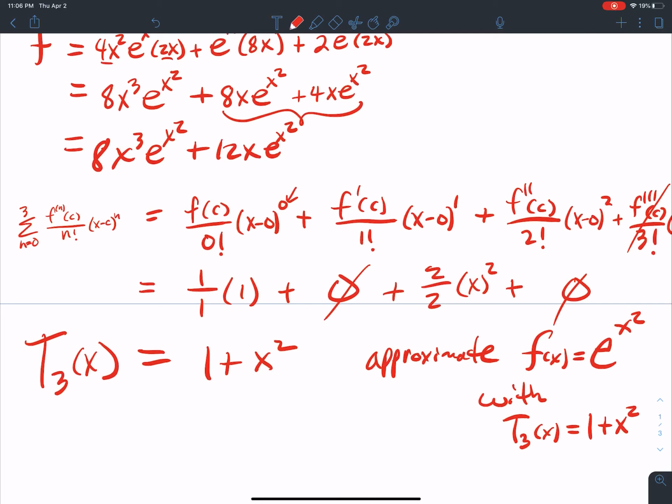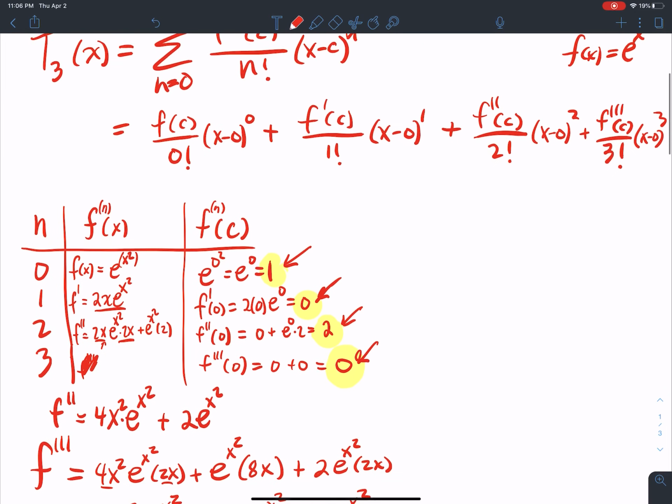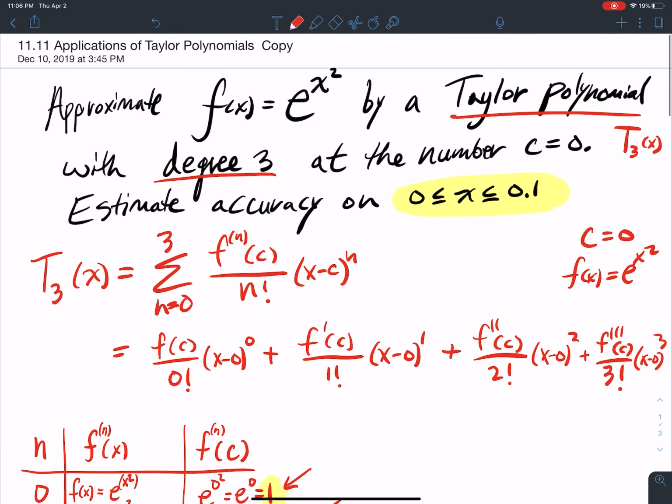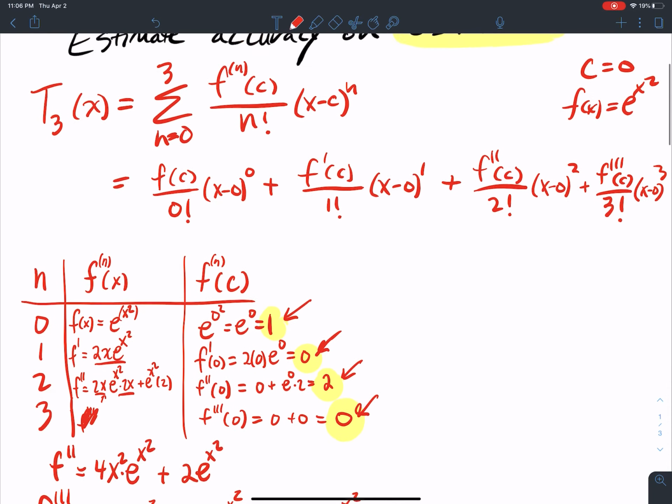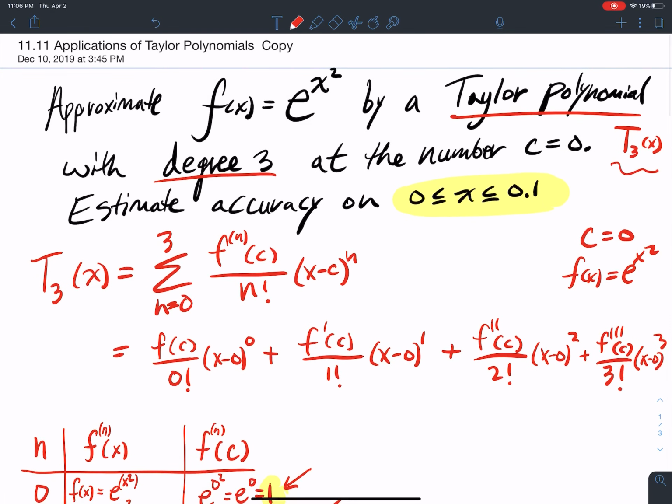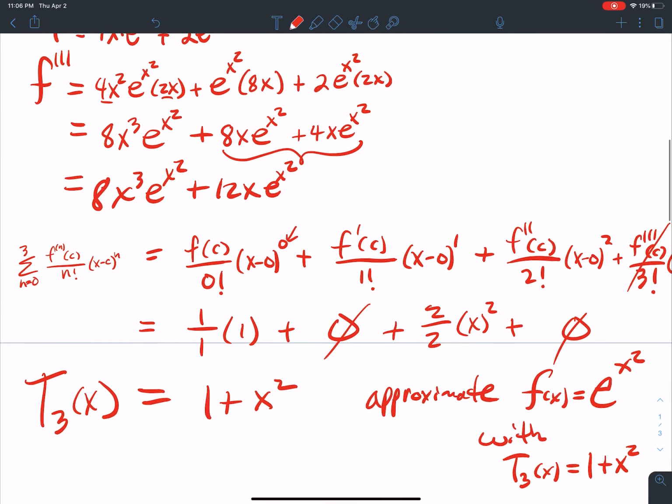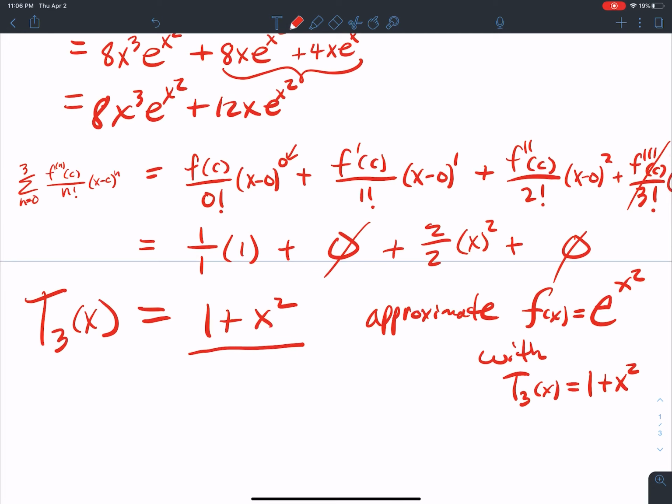Now, what else do I want to know? I wanted to get my Taylor polynomial with degree 3 at some number here. Now, notice here, this is not a degree 3 polynomial, okay? But we did go out 3 terms.